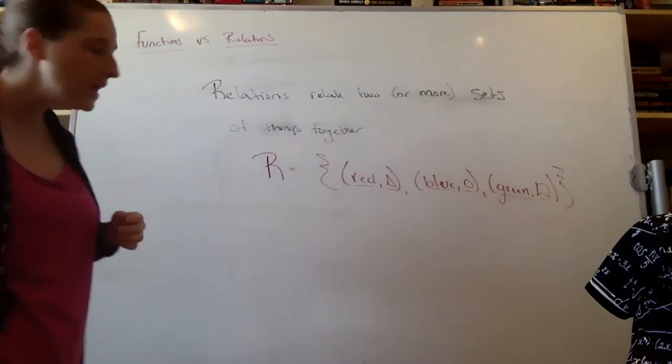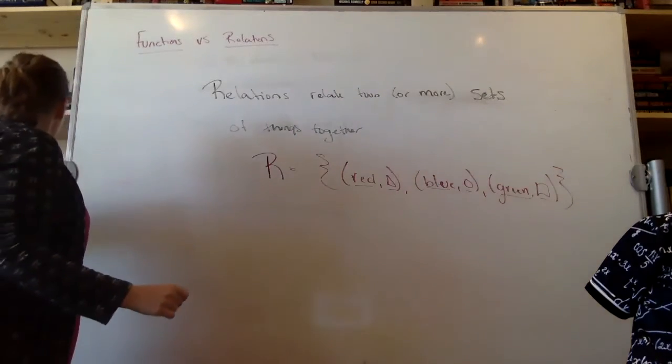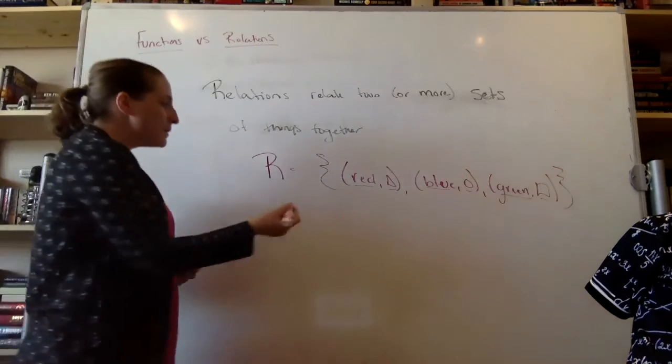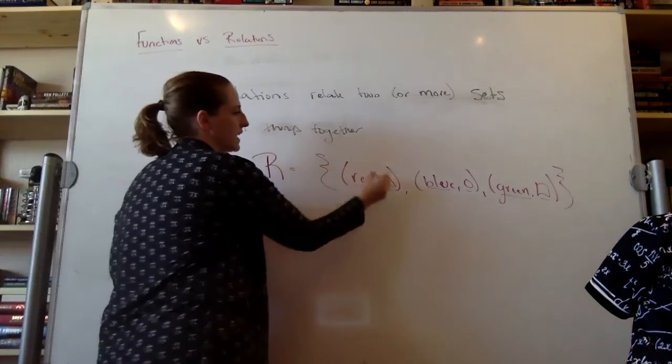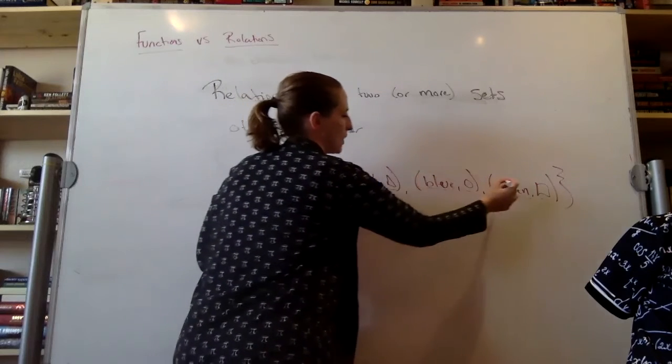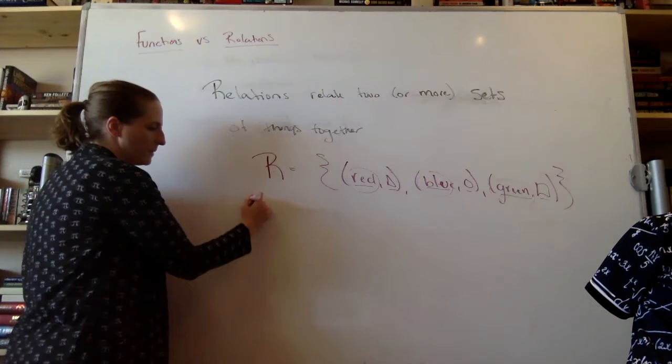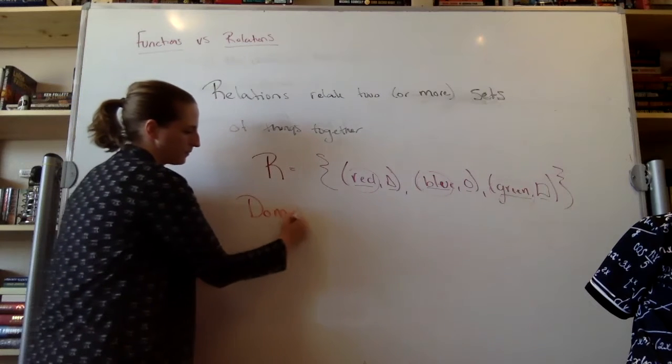Now often when we're dealing with a relation and later a function, we want to be able to talk about items in the first set. So in this case, items in the first position, red, blue, and green. And we call those things the elements of the domain.